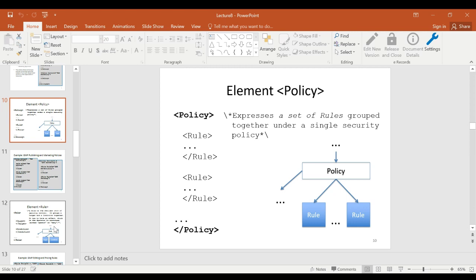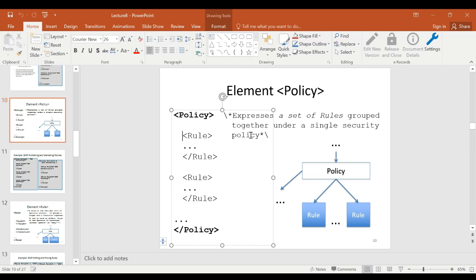The element itself, as we said, is nothing other than the grouping of a number of more basic individual elements, and in this case, those elements are the rule elements. So in other words, a policy is just an alias for defining a set of rules.